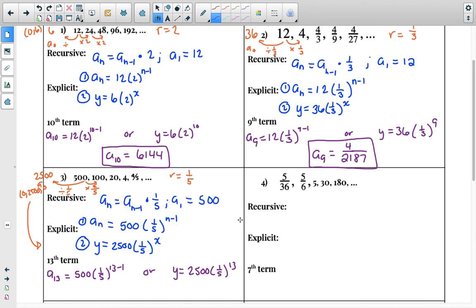Both of these will give you a very small decimal: a sub 13 equals 0.00000, so 5 zeros, 2048. This one does give you a very small decimal.